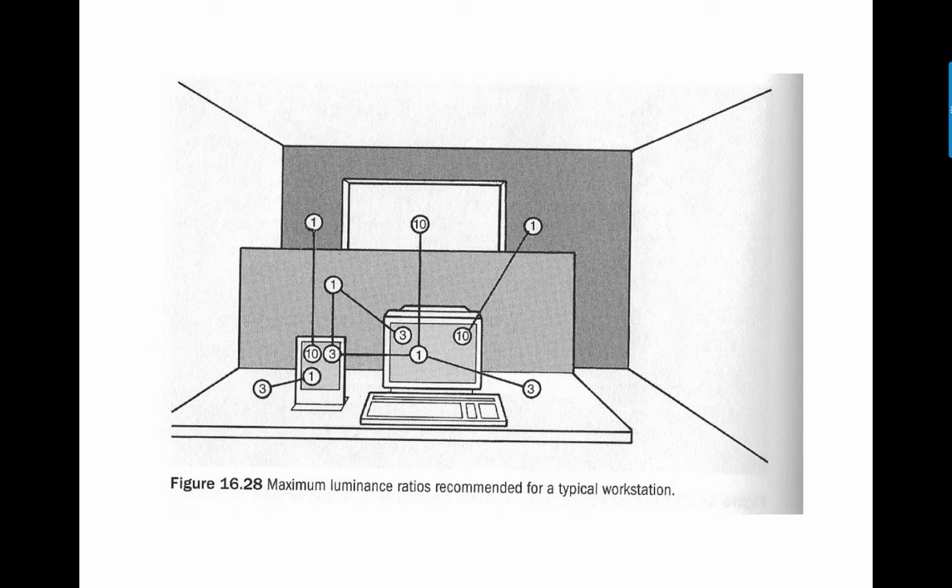So, for example, if you're staring at a screen and it's level 1, which is to say, I don't know, let's say it's giving off 10 foot candles. Actually, I guess it would probably be measured in candela. But anyway, you wouldn't want something that's 10 times as bright. It would want to be less than 10 times as bright, okay? Because that would cause glare and it would cause distraction within your visual field, all right?